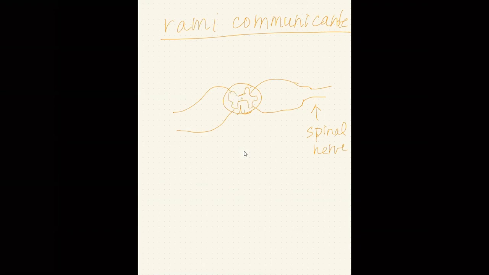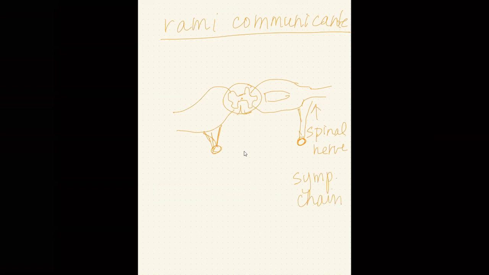The communicating rami, or ramus communicantes, if this is coming out like this and this is the hole, these come out as extensions off of the spinal nerve. They're on both sides and they're going to hook up to the sympathetic chain.